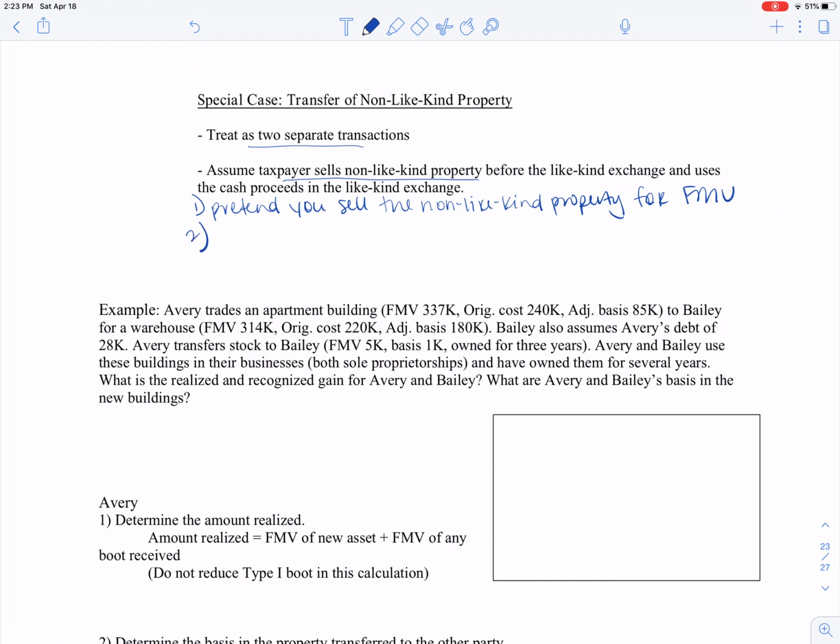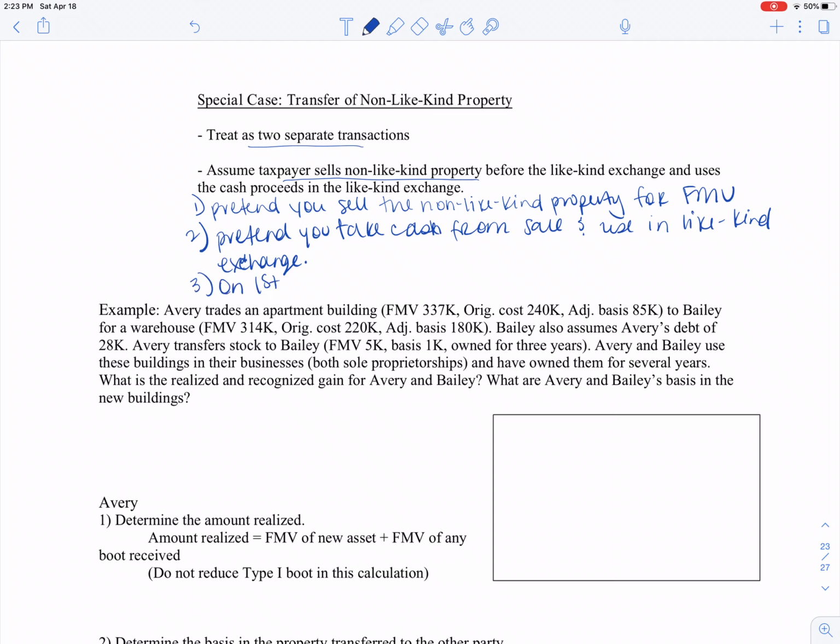Two, you pretend you take the cash from the sale and use it in the like-kind exchange. On the first transaction, you have a gain or loss. So when you're doing that pretend transaction.